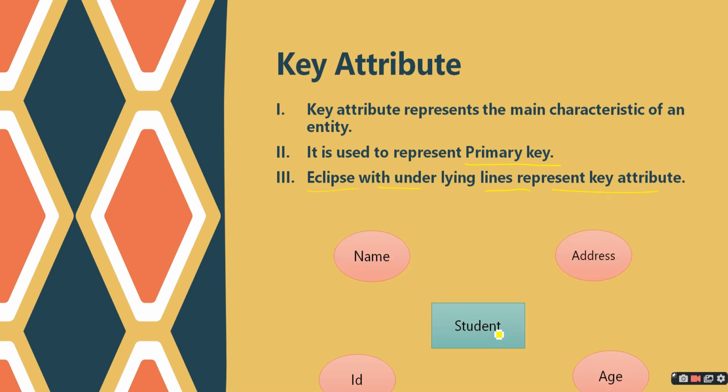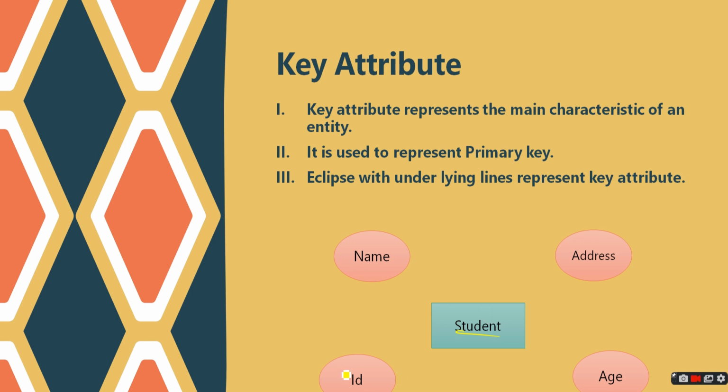Just take an example of a student: name, address, age and id. Which attribute is going to be used to uniquely identify this student?